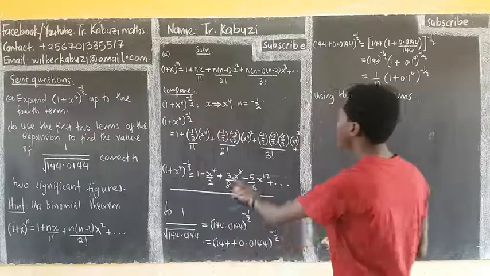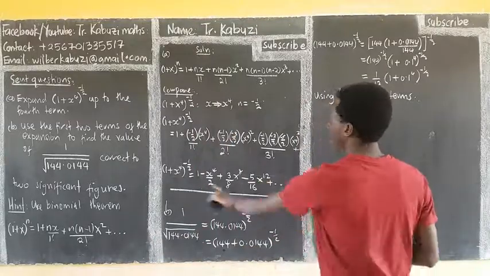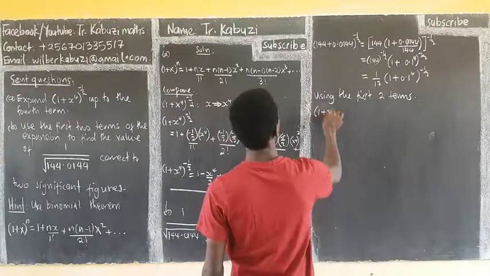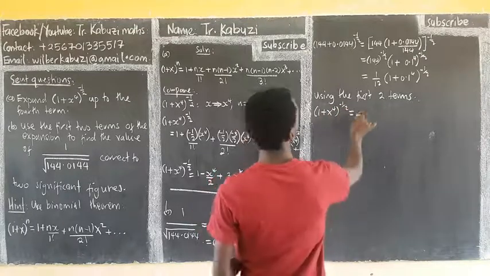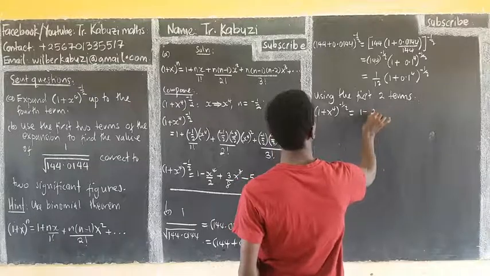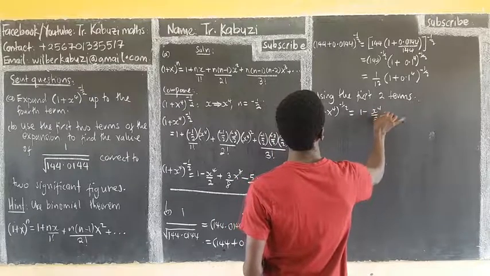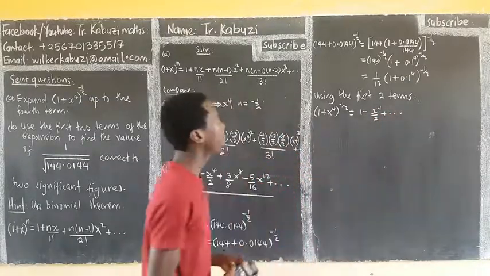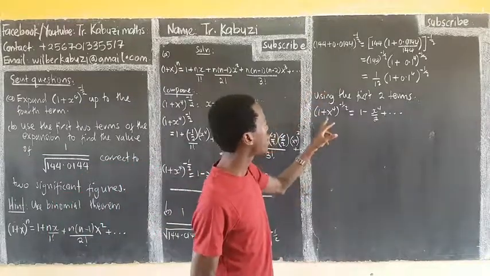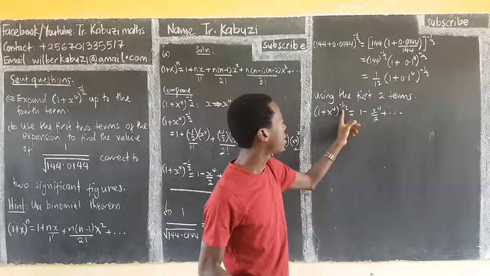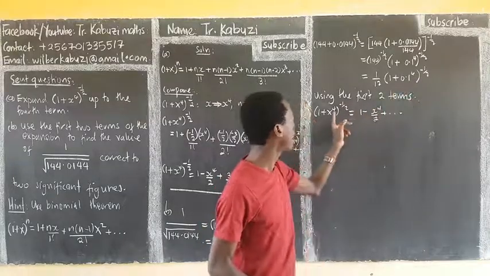So the first 2 terms of this expression here are 1 plus x power 4, power negative a half, equaling 1 minus x power 4 over 2 plus other terms coming. But now I'm seeing how to evaluate this using this. Now you see almost everything is the same, I can compare.